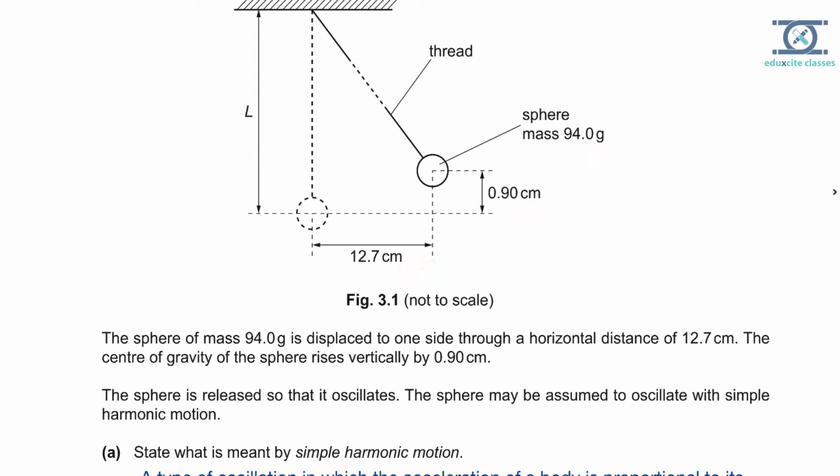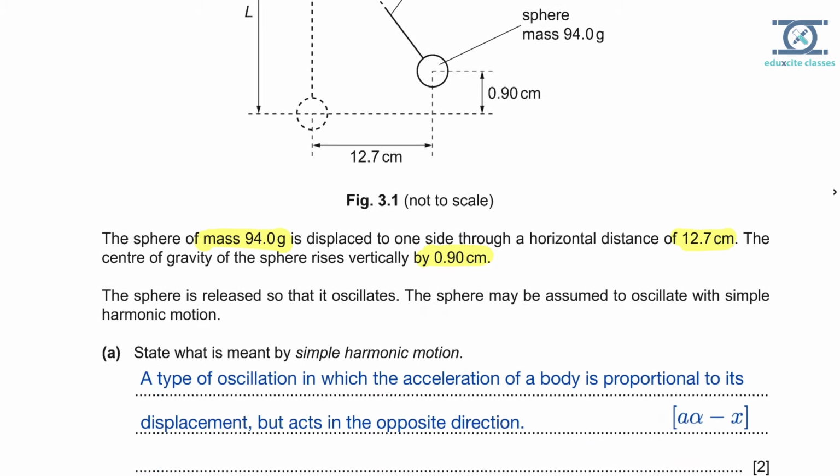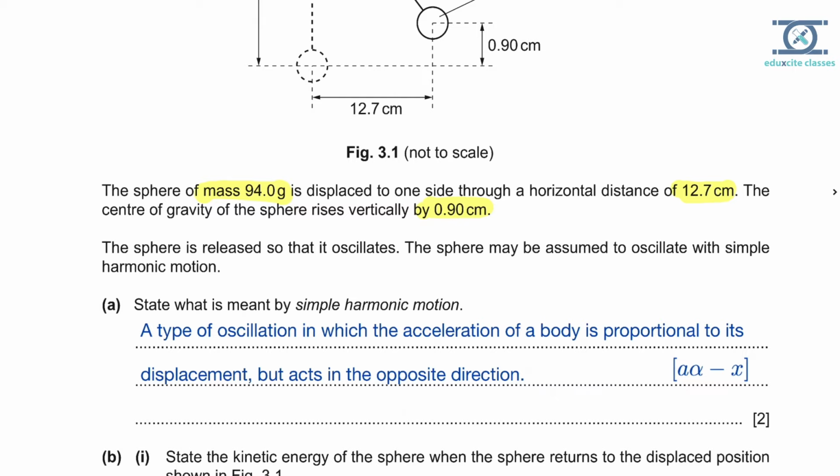The sphere has a mass of 94 gram and is displaced to one side through a horizontal distance of 12.7 centimeter. The center of gravity of the sphere rises by 0.90 centimeter. The sphere is released so that it oscillates. The sphere may be assumed to oscillate with simple harmonic motion, that is SHM.